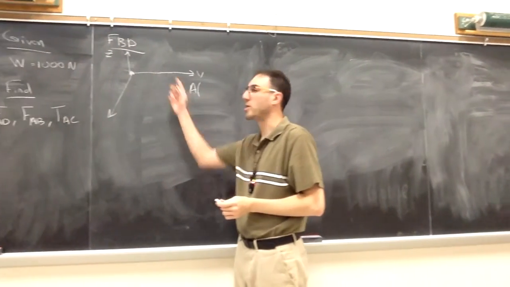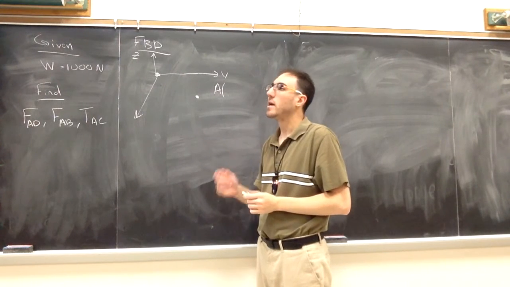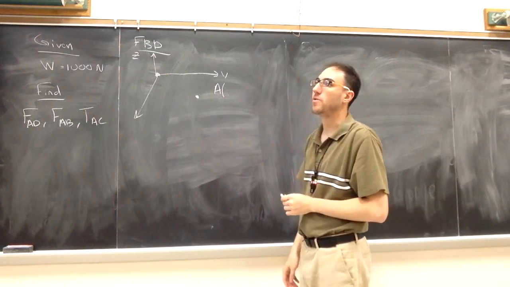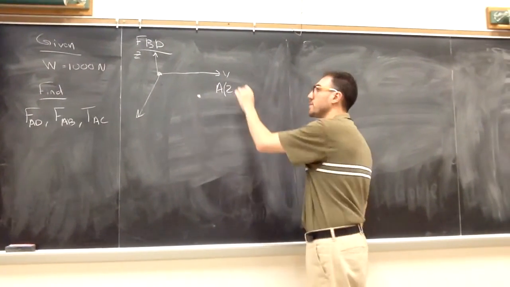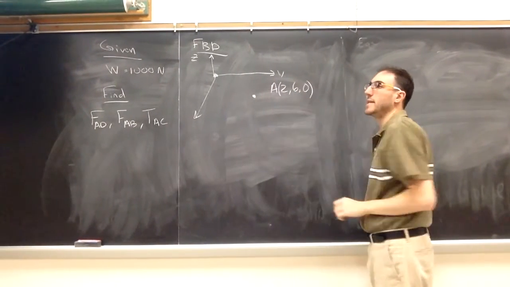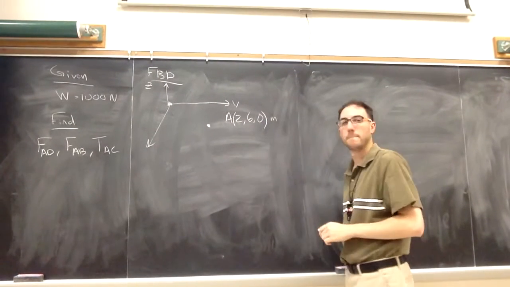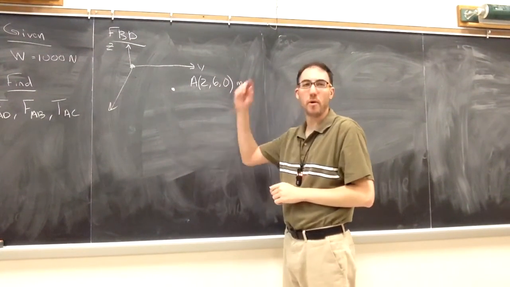I'm going to be putting coordinates of these important points down. So for point A, to go from the origin to point A, I have to go 2 meters in the x direction. I then have to go 6 meters in the y, and it's in the xy plane, so 0 in the z. So that's my point A.